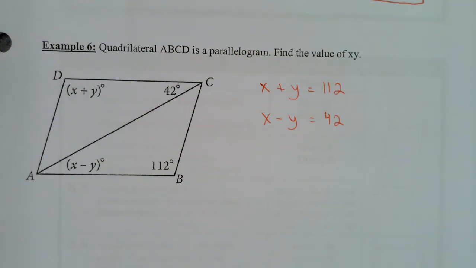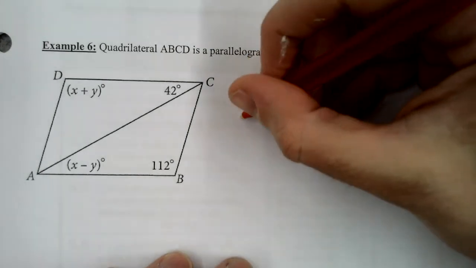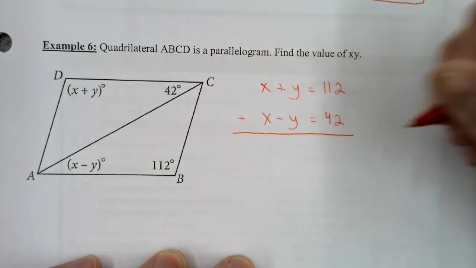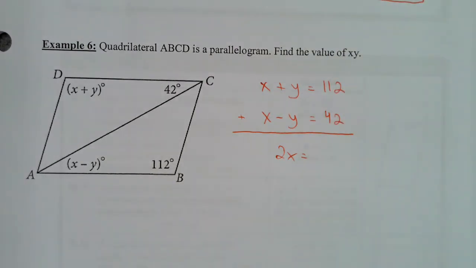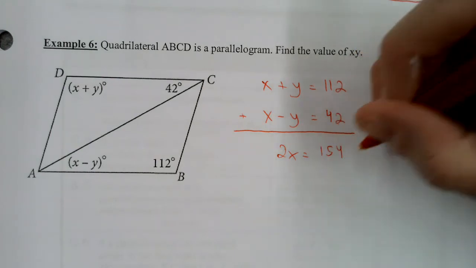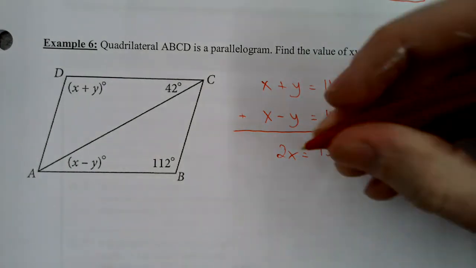Now I can just add my two equations together to eliminate the y's. And I get 2x equals 154, because the y's get eliminated. And that gives me x equals 77 when I divide by 2.